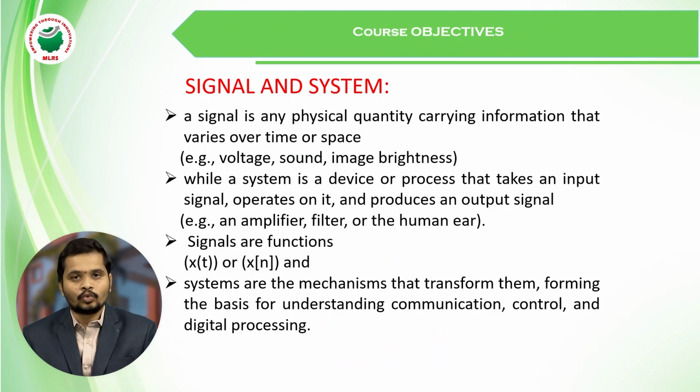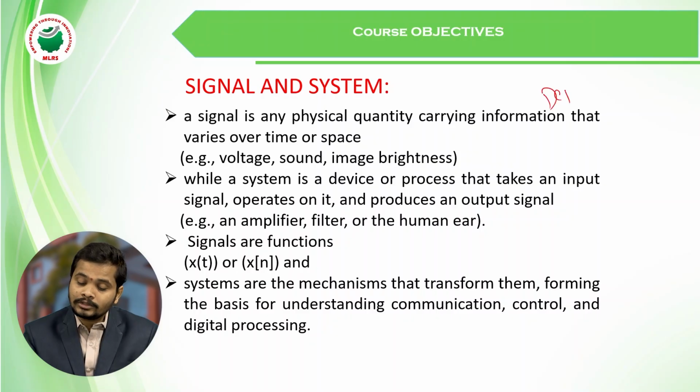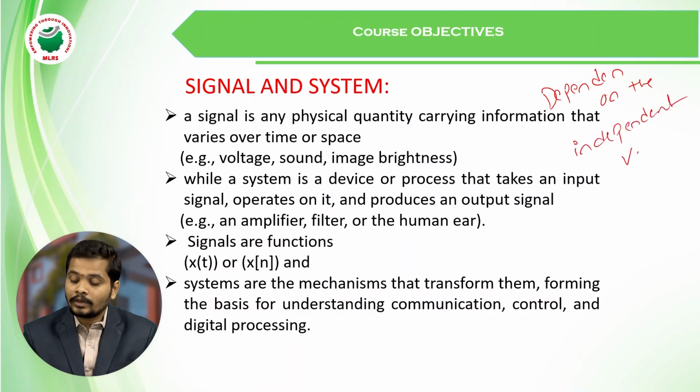Coming to signals and systems, what is a signal and what is a system? You already studied this in Signals and Systems, a prerequisite subject. A signal is a physical quantity which can carry information from one place to another, and it can change depending upon the independent variables. Depending upon the independent variables, signals can be classified into one-dimensional, two-dimensional, and three-dimensional.